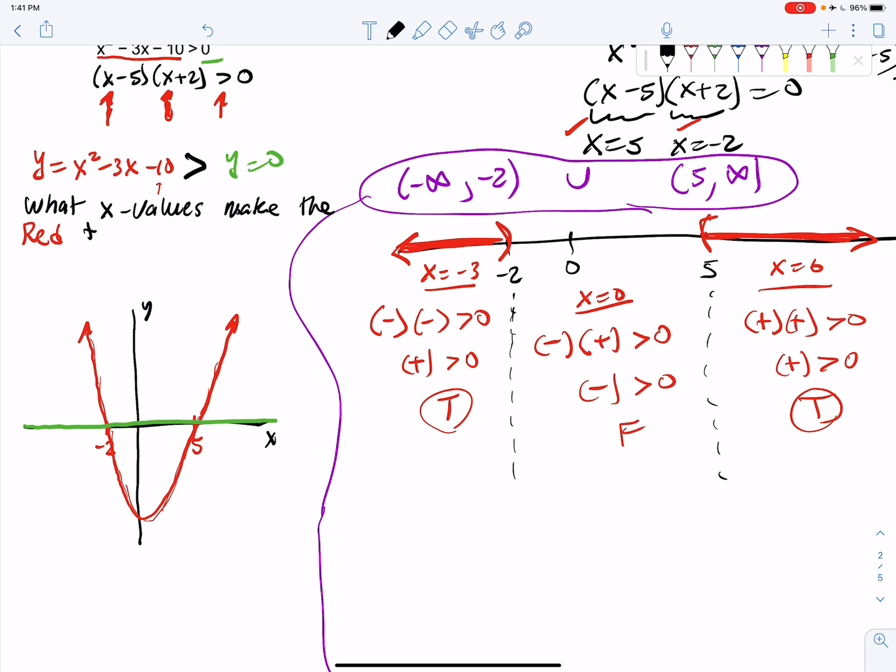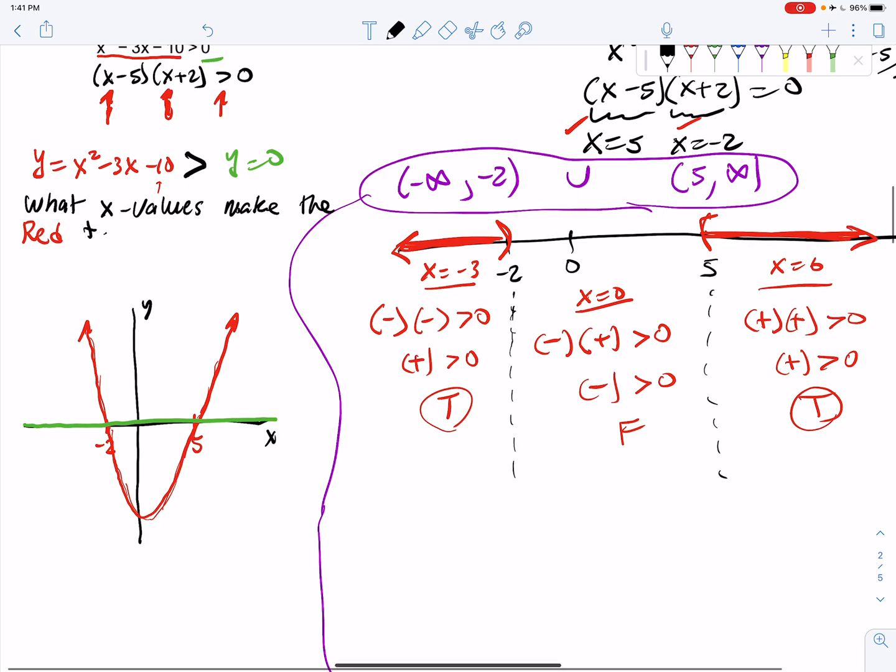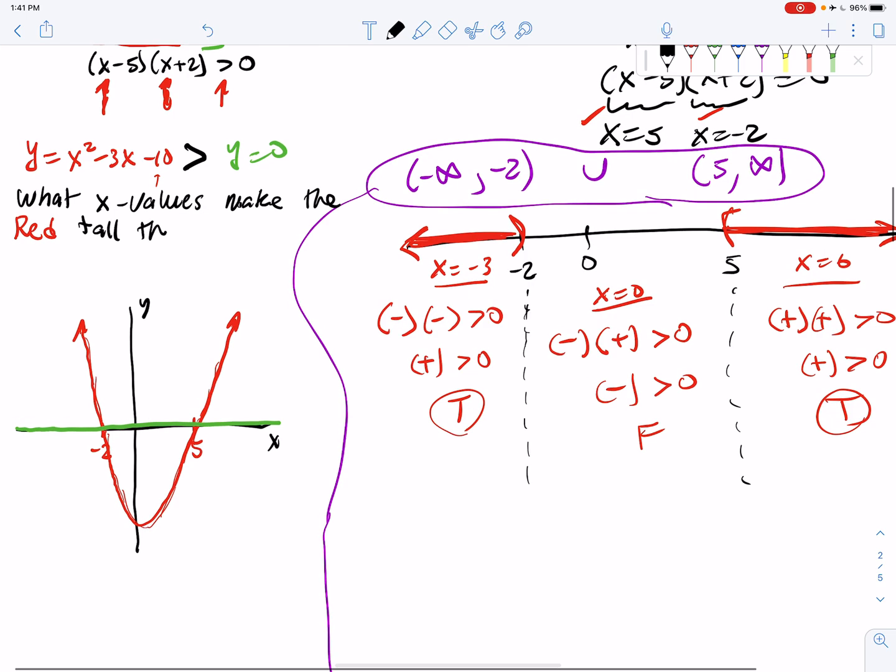Why is it taller? Because look at, we've got these y values. Y equals x squared minus 3x minus 10. Well, that expression gives us our y value. So what x values make the y value, I say taller because we're talking about the y values, taller than what? The green.